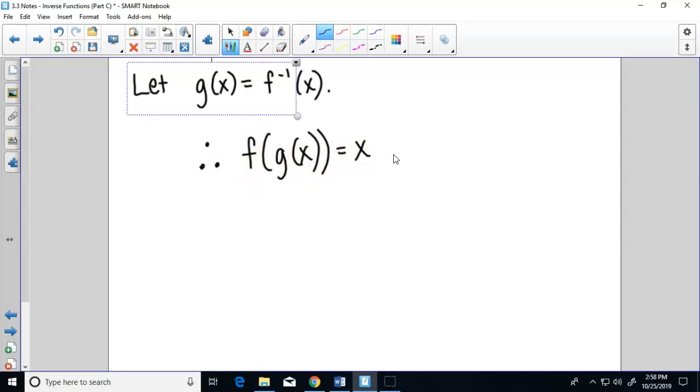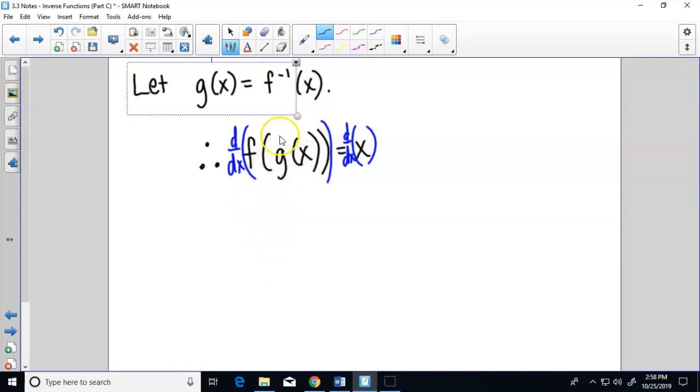Okay, so now I'm going to do some crazy stuff. I'm going to take the derivative of both sides of this. To take the derivative of f of g of x, I've got to use the chain rule.